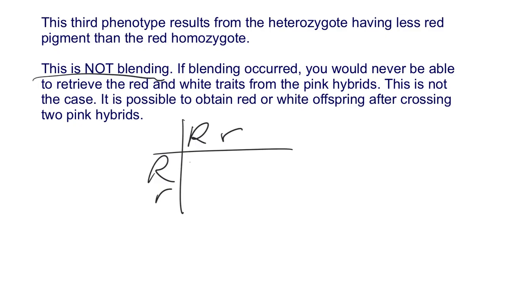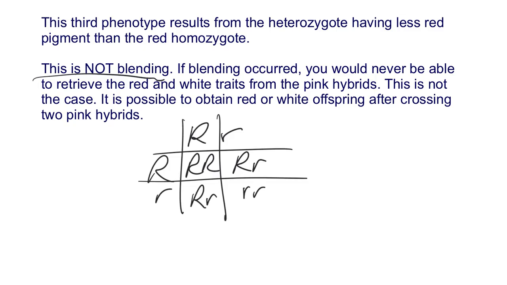Okay, you get a red rose there, child. You would get a pink one there, a pink one there, and you would get a white one there. So that's why they say the genes aren't blending together. The proteins that you're forming from the gene, the red and white pigments, are blending, not the genes.